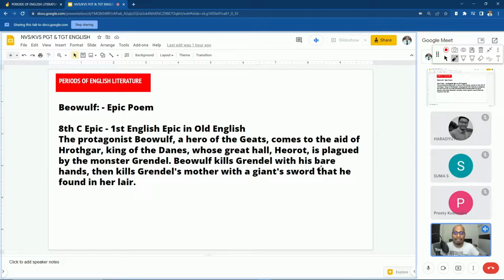Beowulf kills Grendel with his bare hands, then kills Grendel's mother with a giant sword that he found in her lair. So this is the entire story in a small paragraph. If you want to know about this epic poem Beowulf, recorded classes are already available. In that I have shown the entire video. The Beowulf story is there, the movie is also there, you can watch.